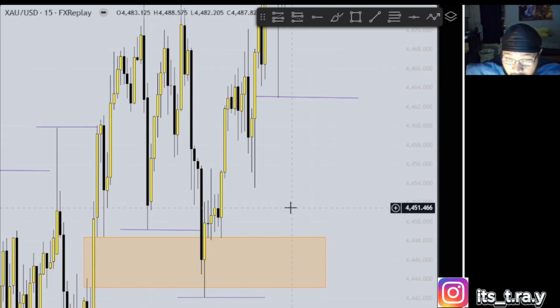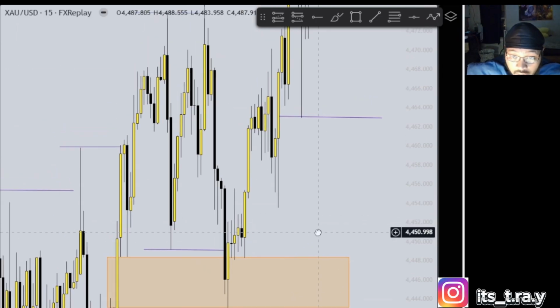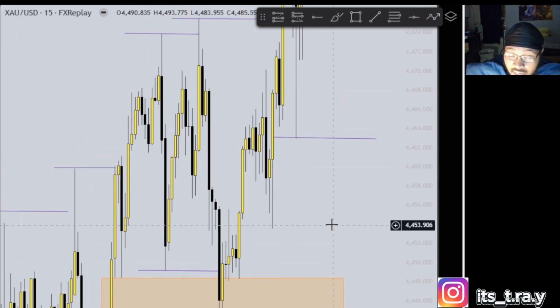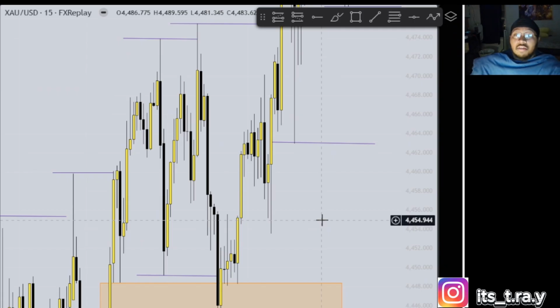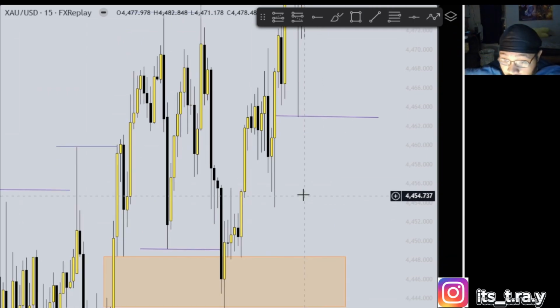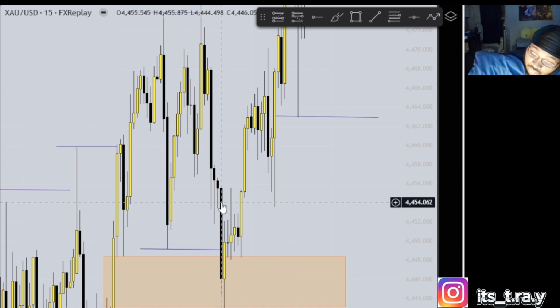Now, price is also, just like liquidity, attracted to these fair value gaps, and just how price reacts off of liquidity, price also reacts off of these fair value gaps. These are good areas that price usually gets reactions off of, to then go in whatever direction price wants to go.